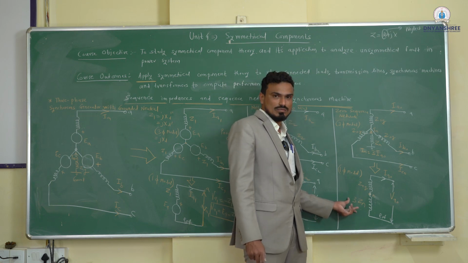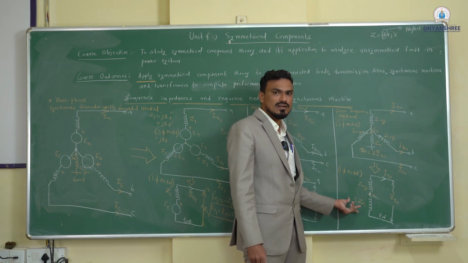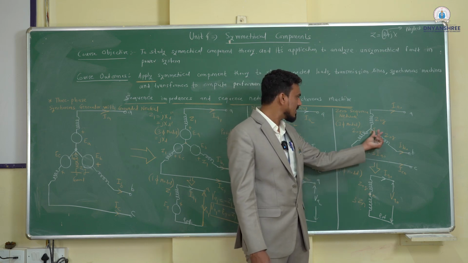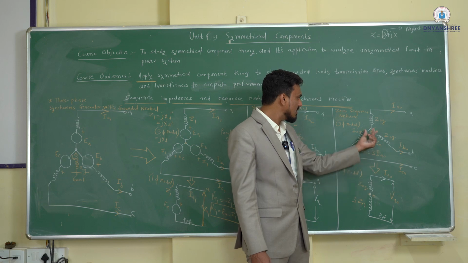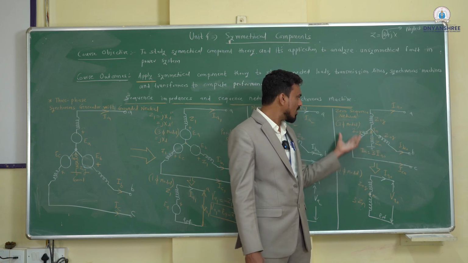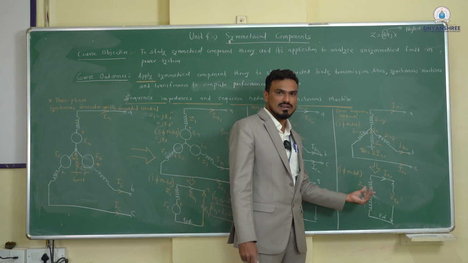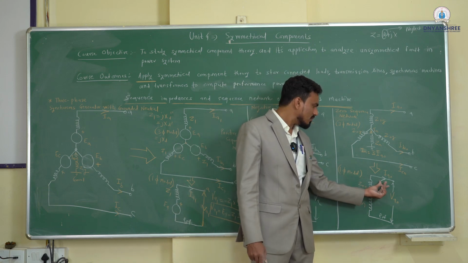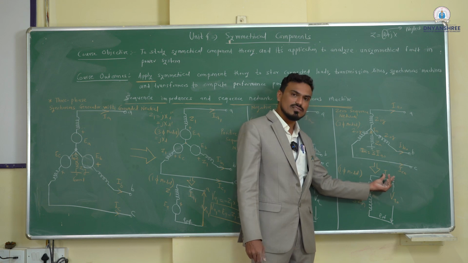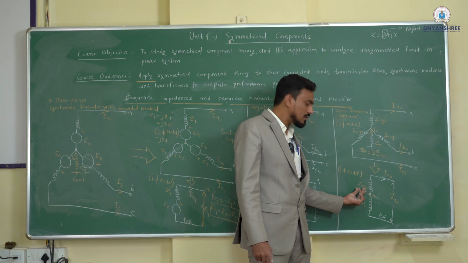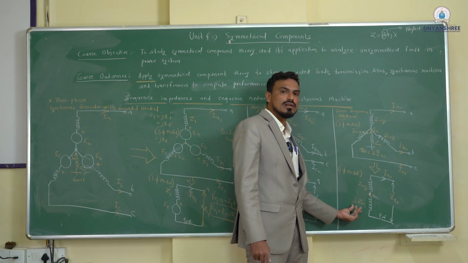It is shown 3 times because the unbalanced current is always flowing through the neutral. This neutral current is nothing but the summation of all these 3 sequence components, which obviously we have to represent in the diagram. So what we have to show here is IA0, that is the zero sequence current, then Z0G is the zero sequence impedance, and the third one is the neutral impedance.